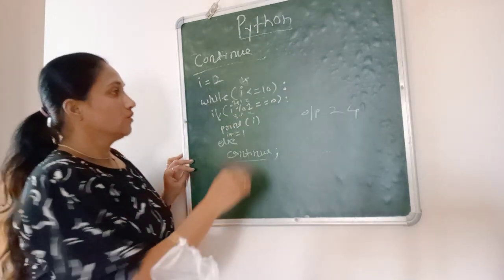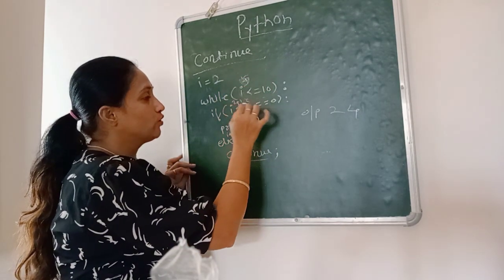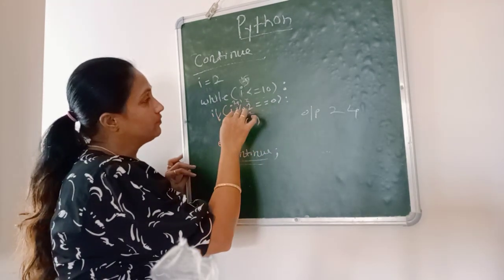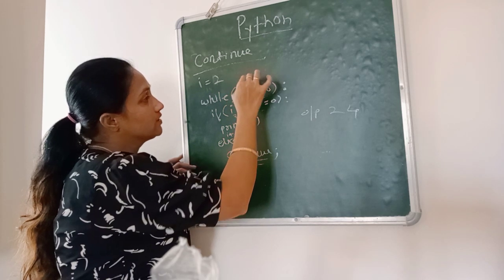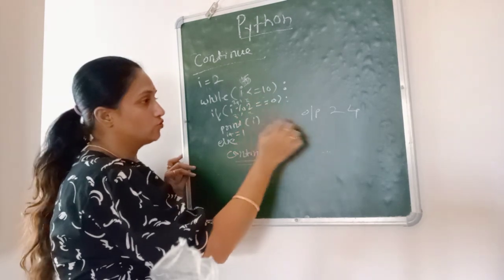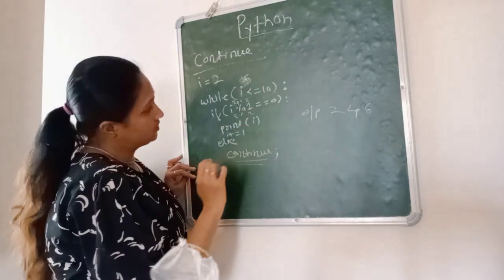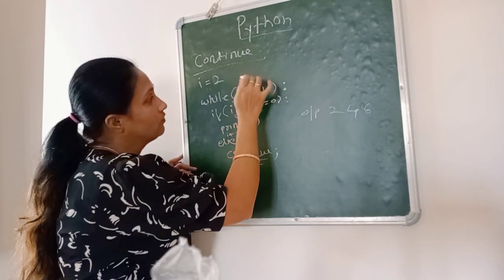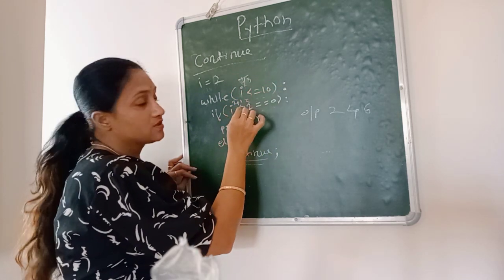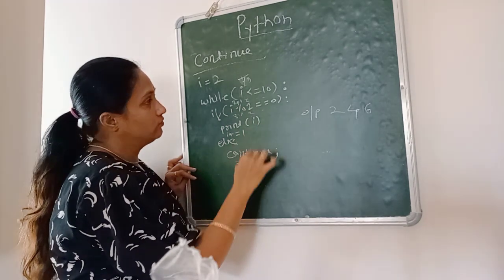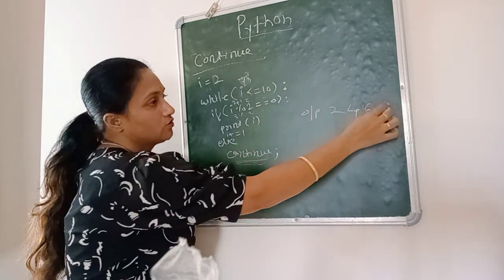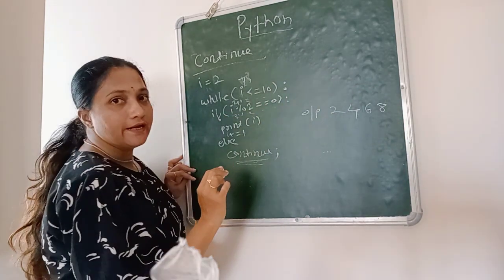Now next time i's value becomes 5. 5 mod 2, false, it continues the iteration. Again next time i's value becomes 6. 6 mod 2 equals to 0, true, it will display 6. In the next iteration, value of I becomes 7. 7 less than or equal to 10, condition true. But 7 mod 2 is not 0, so continue. Again 8. 8 mod 2 is 0, condition true. Let us print 8.